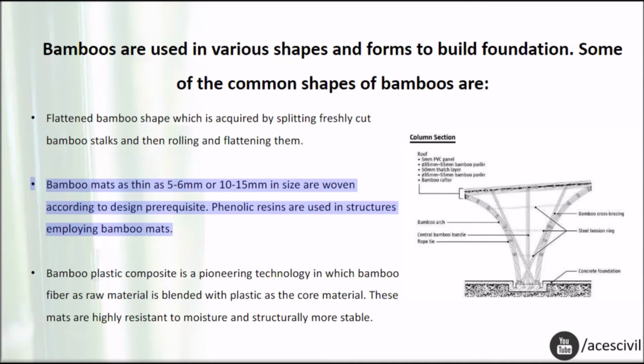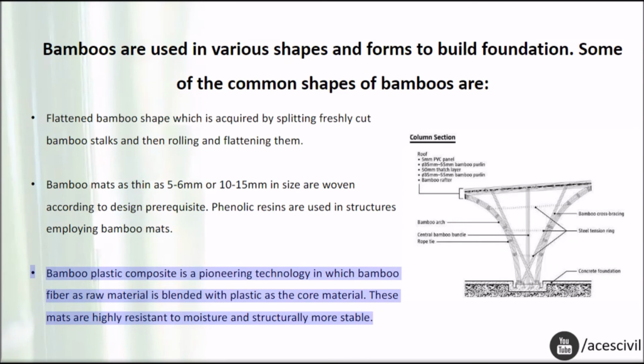Phenolic resins are used in structures employing bamboo mats. Bamboo plastic composite is a pioneering technology in which bamboo fiber as raw material is blended with plastic as the core material. These mats are highly resistant to moisture and structurally more stable.